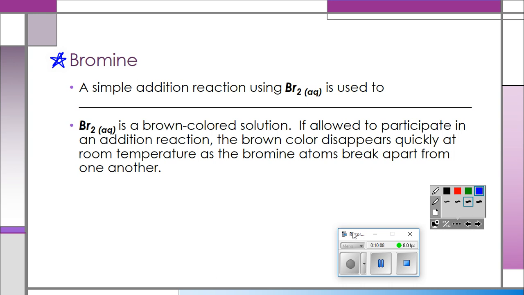We can use bromine as part of a simple addition reaction to determine saturation. That's what we're trying to do. Remember, a saturated compound only has single bonds. An unsaturated one has double or triple bonds, or something that's not a single bond.